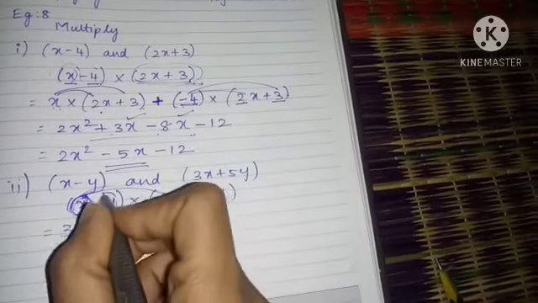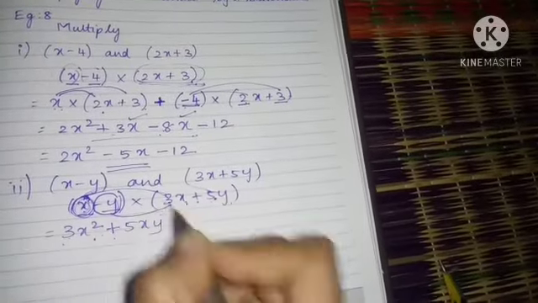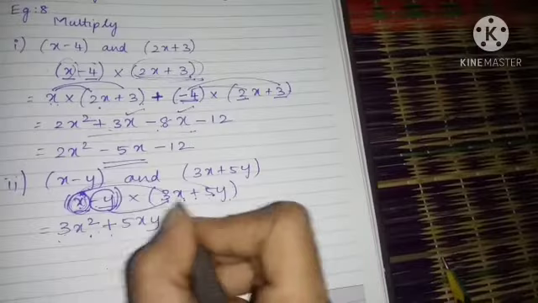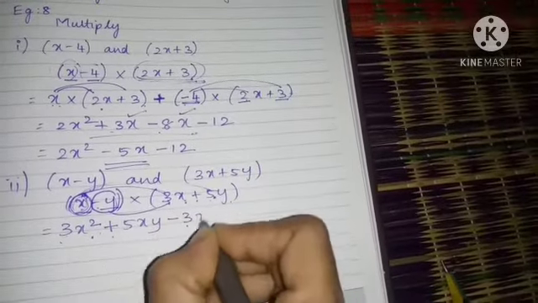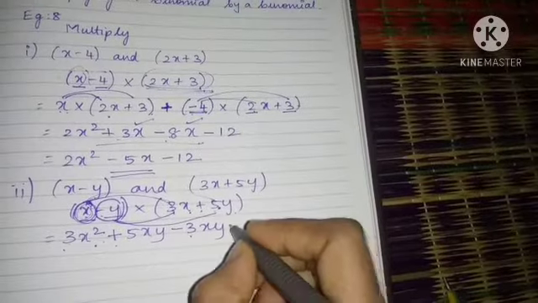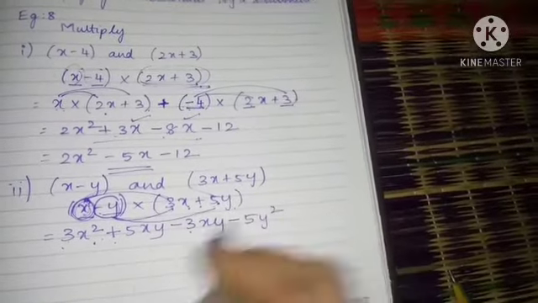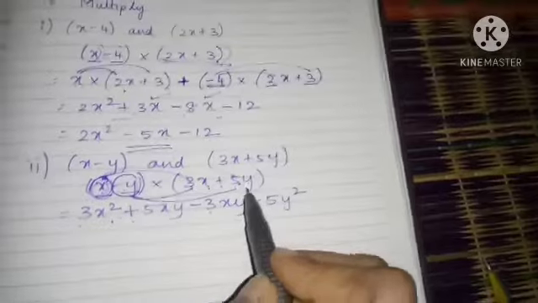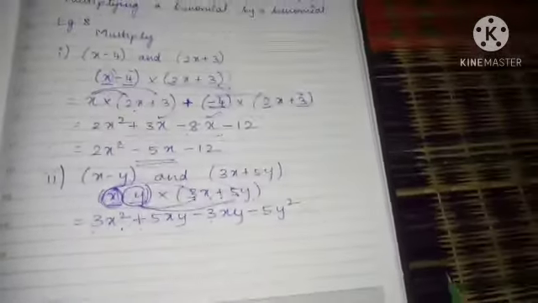Now I am going to multiply this minus y with this 3x. Minus y into 3x, minus 3xy. Then minus y into plus 5y, minus 5y square.